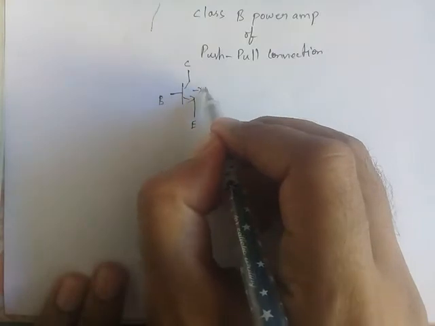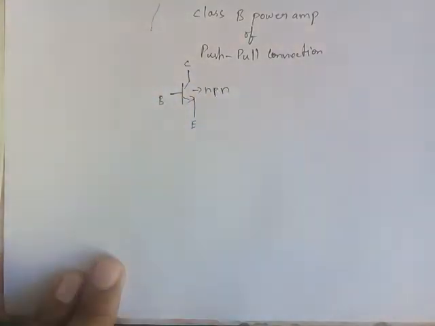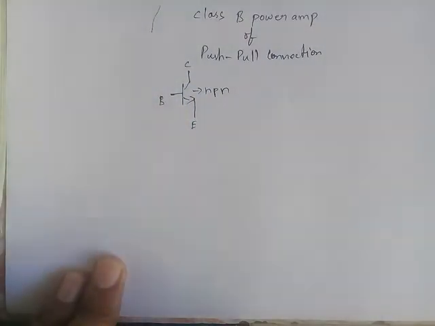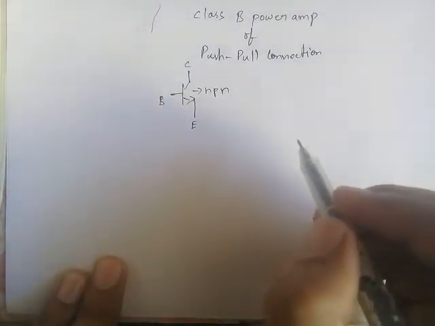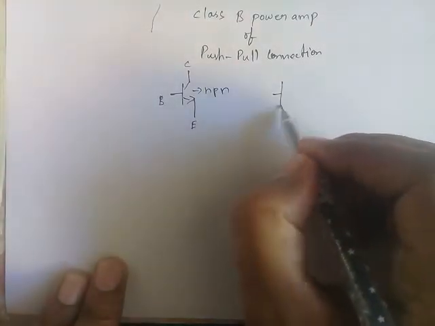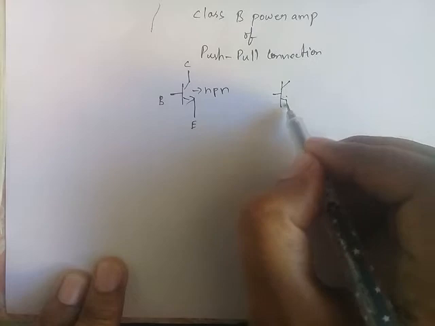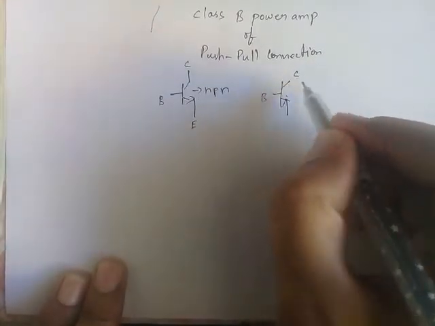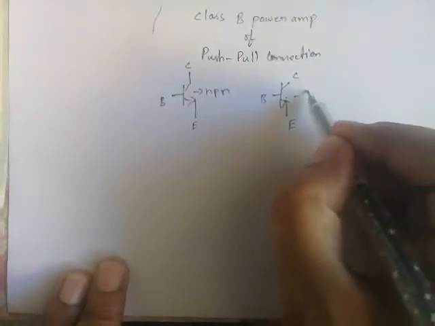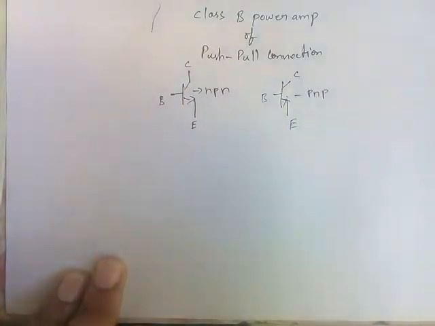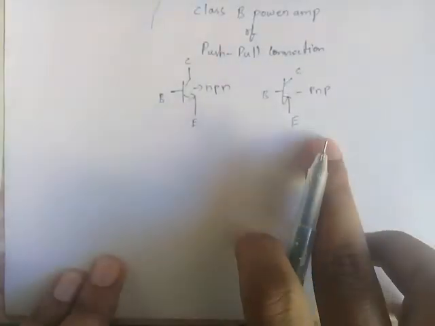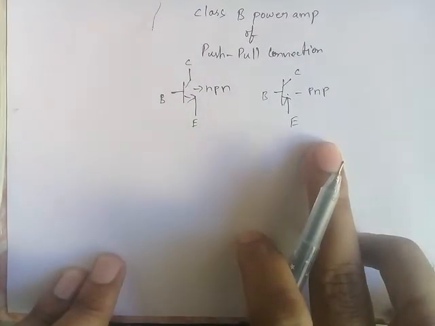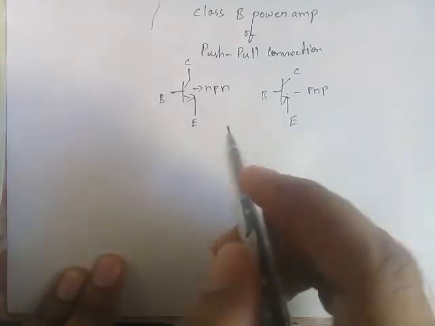And next, another type of symbolic representation of the transistor will be the PNP transistor, that is base, collector, emitter, and that is PNP. Yes or no? This is NPN transistor and PNP transistor.